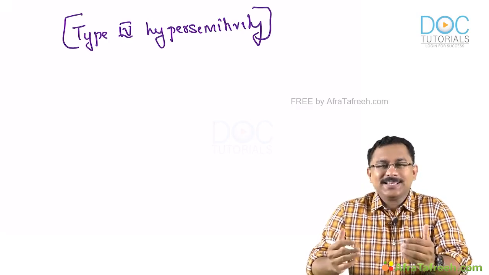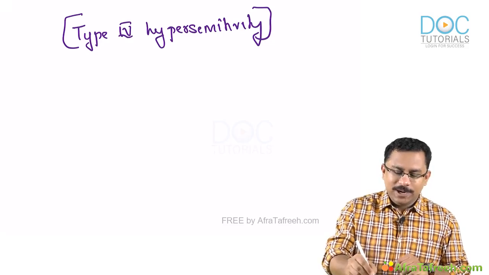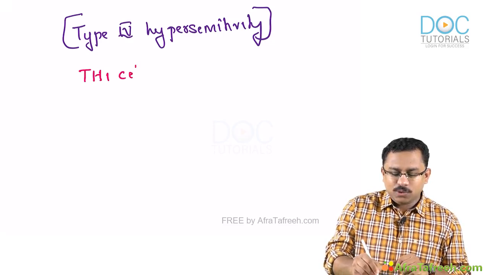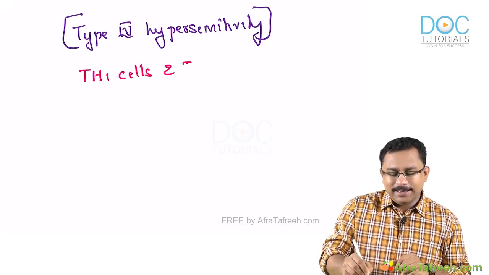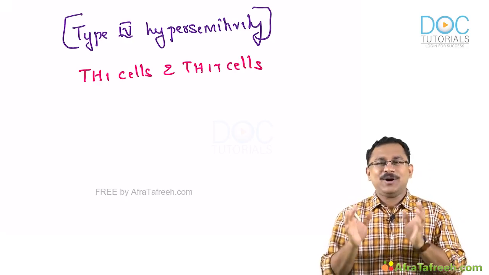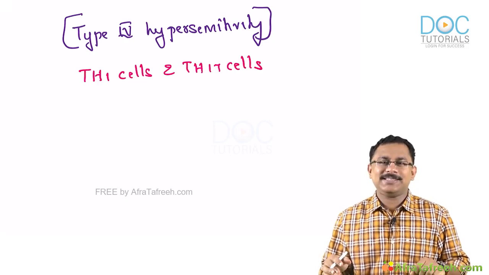In this type 4 reaction, you will have participation predominantly of Th1 cells and Th17 cells. These are the predominant inflammatory cells in this reaction.